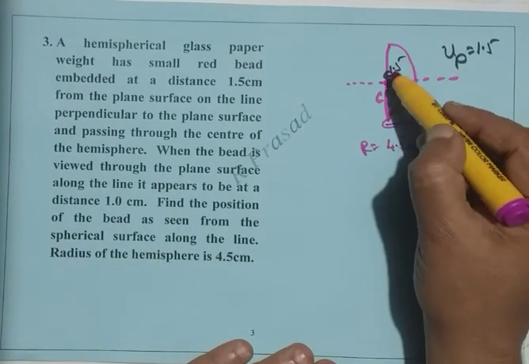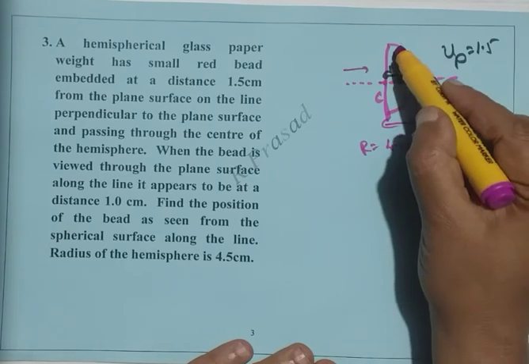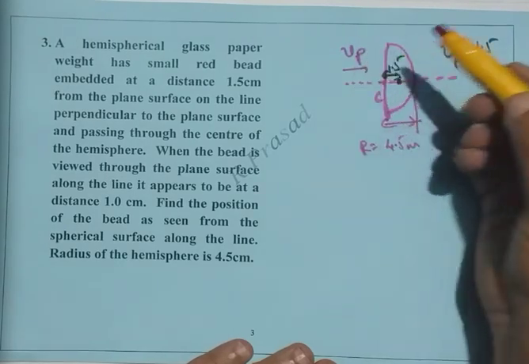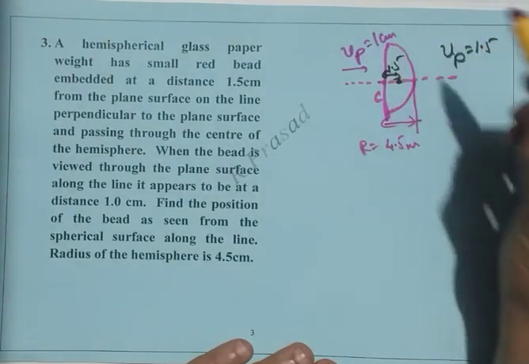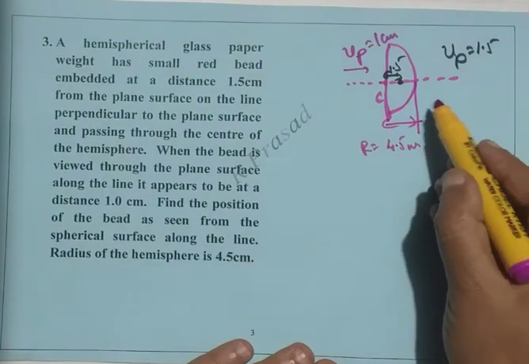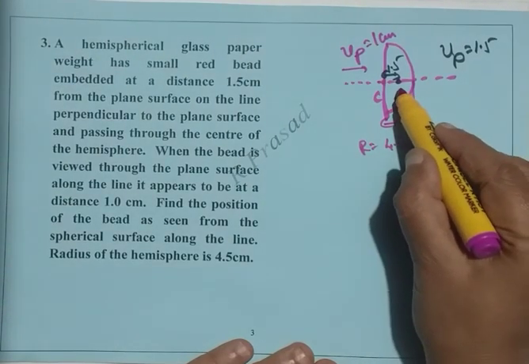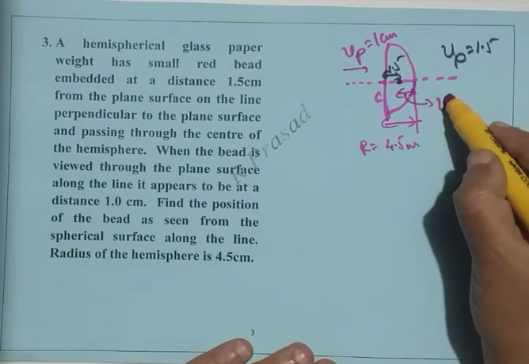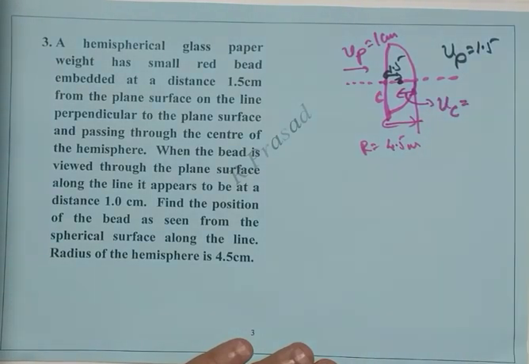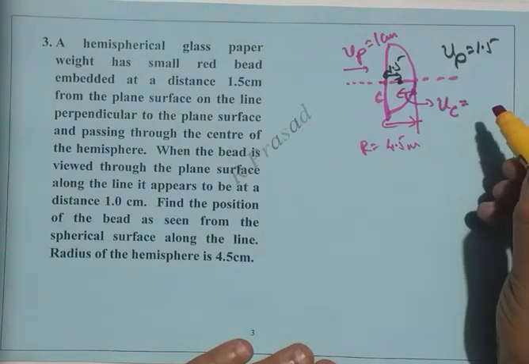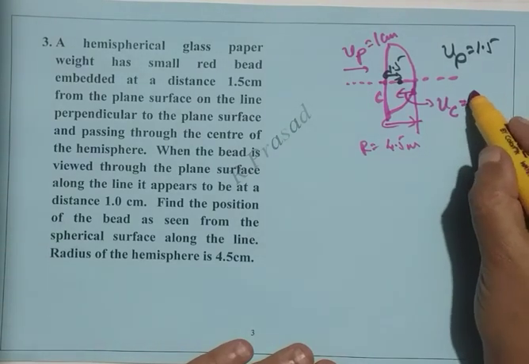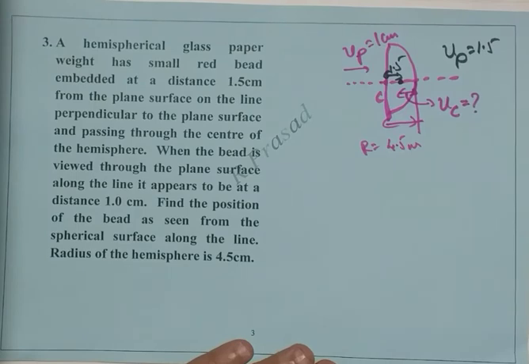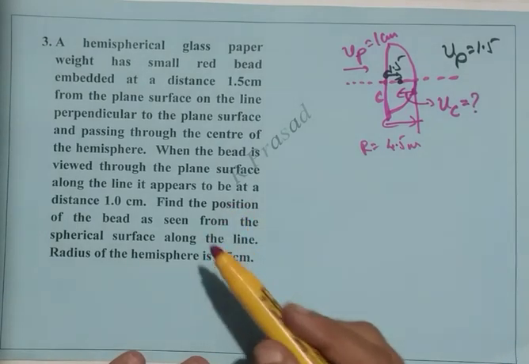Say when we view it from this side, plane surface image distance VP I call, it is 1 centimeter. And the curved surface distance, object distance, you see what we can call, is to be calculated. So now we start with the problem.